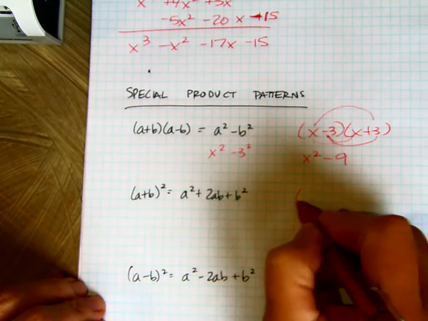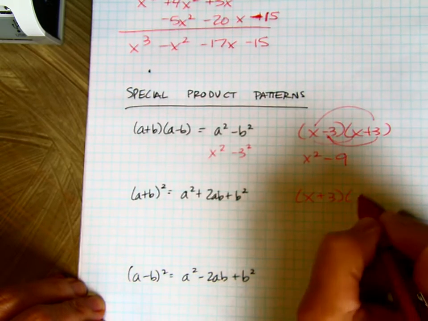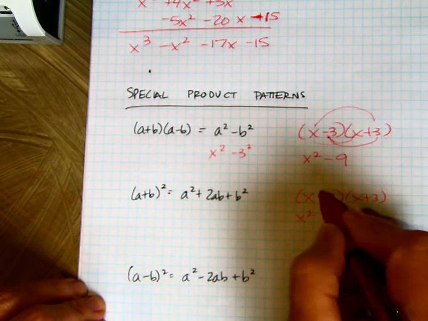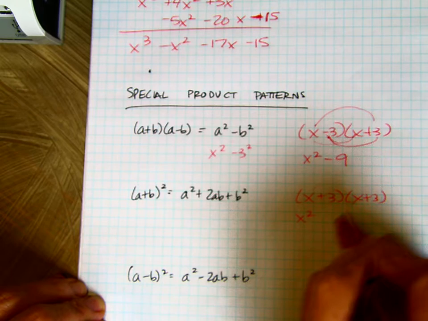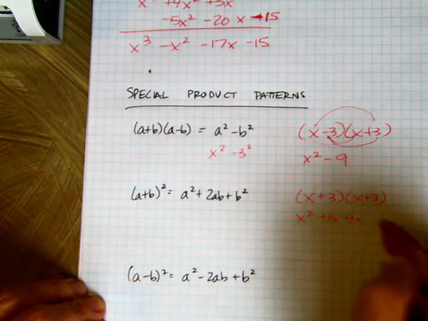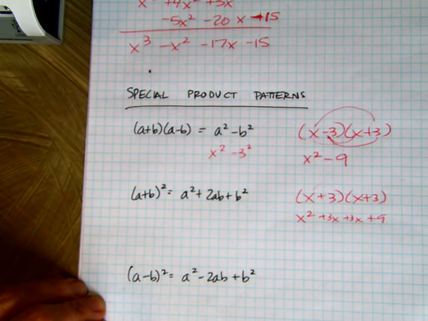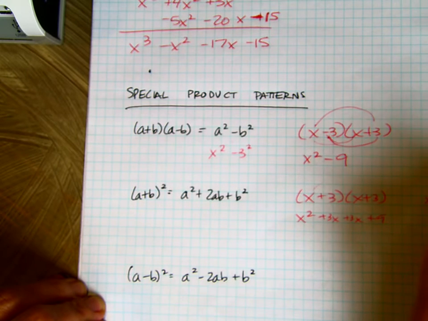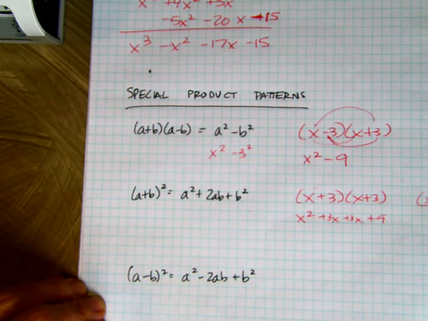But what happens if I had an x plus 3 times an x plus 3? Then what happens? I get an x squared, and my outer term is a plus 3x, my inner term is a plus 3x, and then I get a plus 9. Notice they don't cancel. That is why x plus 3 squared is not equal to x squared plus 9, people.